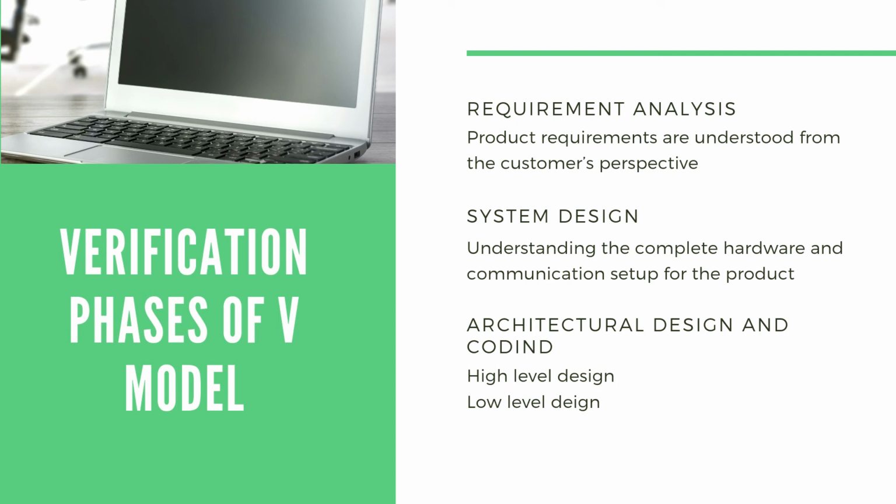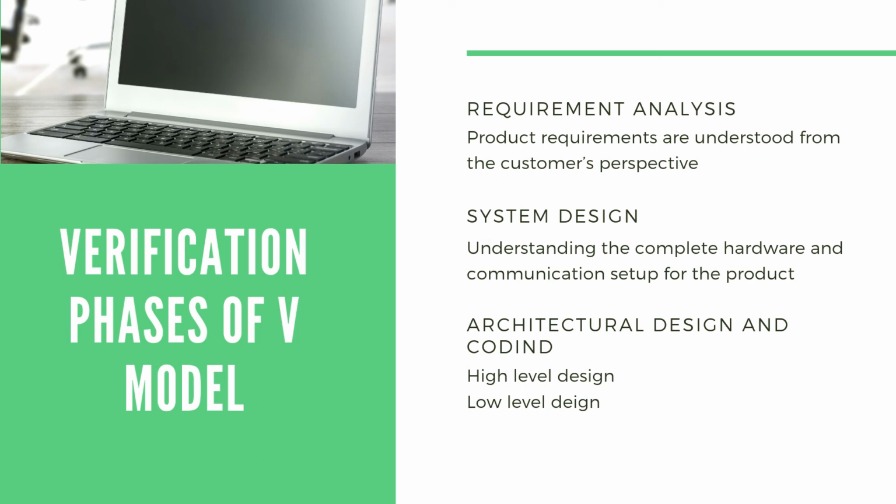In system design, the complete hardware and communication setup is understood and detailed for the product under development. In architectural design, the architectural specifications are understood and designed in this phase. This is the high level design. Module design: the detailed internal design for all the system modules is specified. It is also known as low level design.